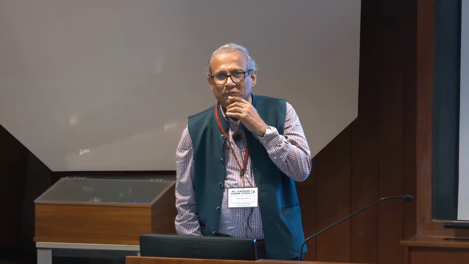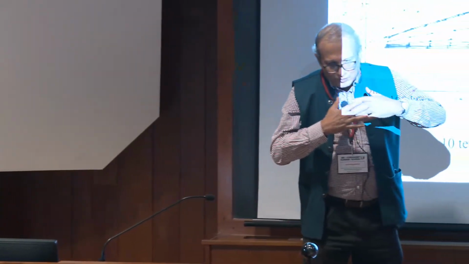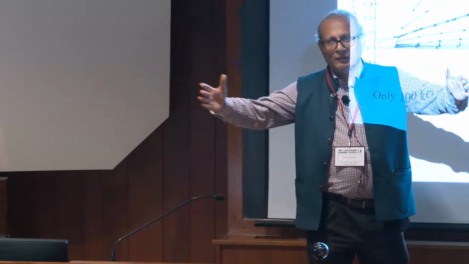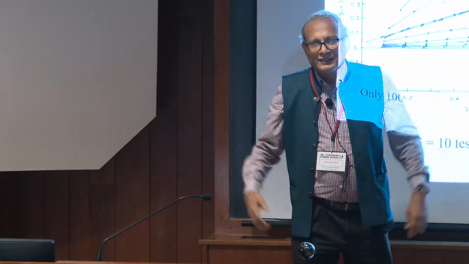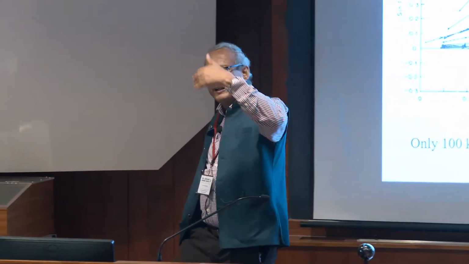So how are faculae different from sunspots? Faculae are bright points on the solar surface. There's one very important measurement, solar irradiance: how much energy is coming out from the sun. These irradiance measurements are usually done by keeping instruments in space missions.